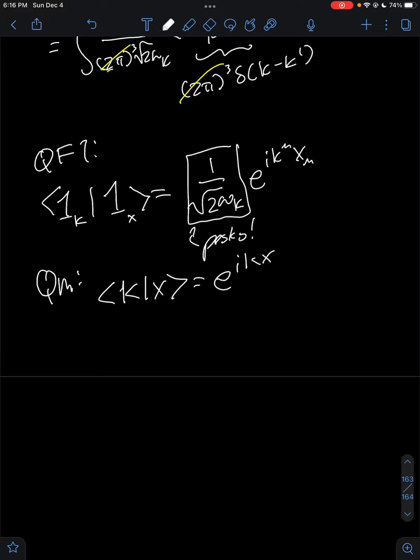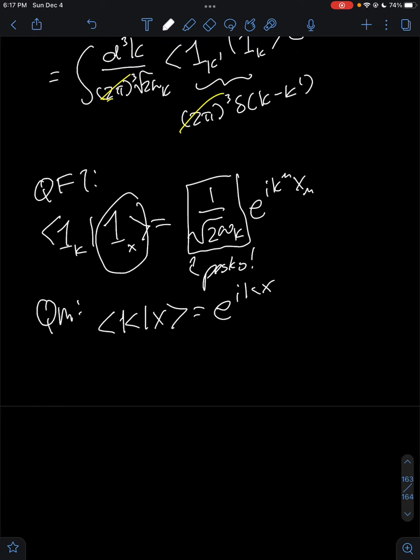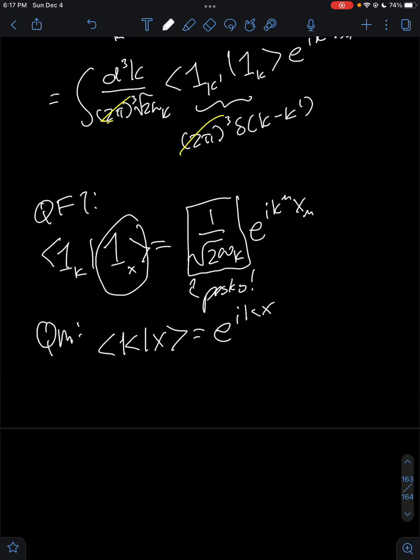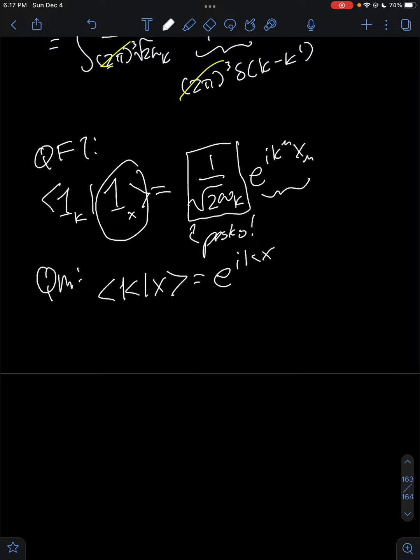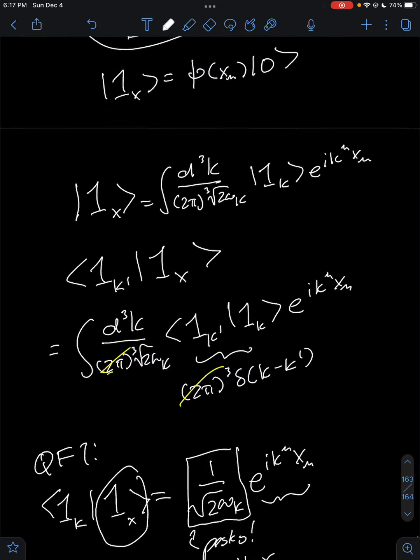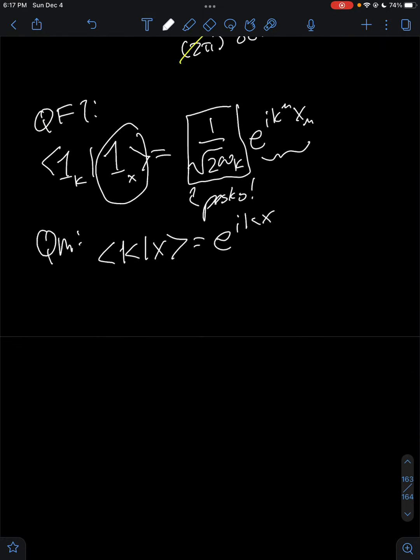So again, it tells us that this |x⟩ is not a true position eigenstate. It doesn't represent a true delta function amplitude, but it's approximately one. You still have that plane wave there, just scaled by a factor of 1 over the square root of 2 omega k. So yeah, that's pretty much it for this video.